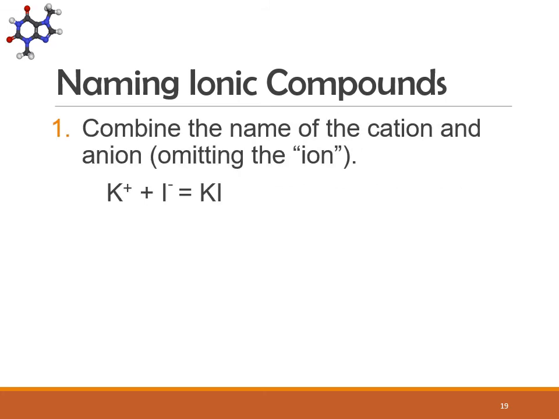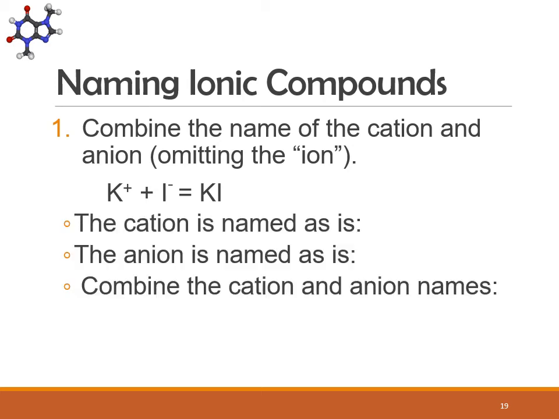The first rule in naming ionic compounds is to simply combine the name of the cation and anion without the word ion. The cation is named as is. Earlier, we learned how to name anions. We take the stem of the element's name, then add the suffix -ide. Then, we combine the cation and anion names.